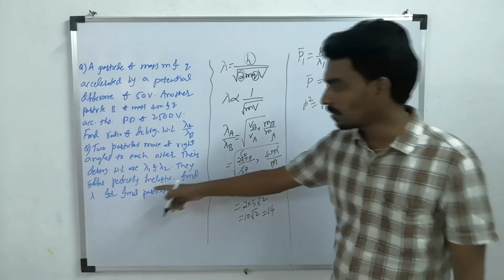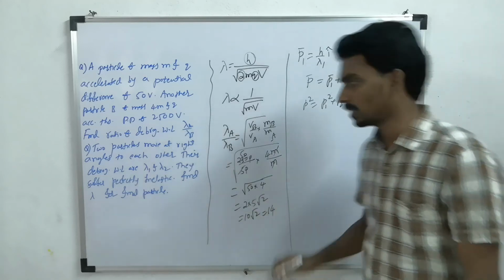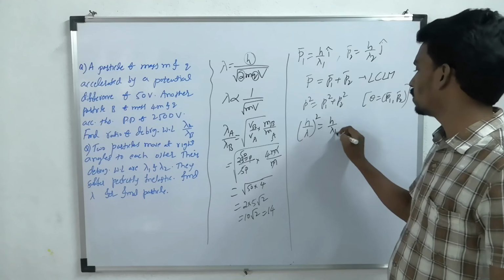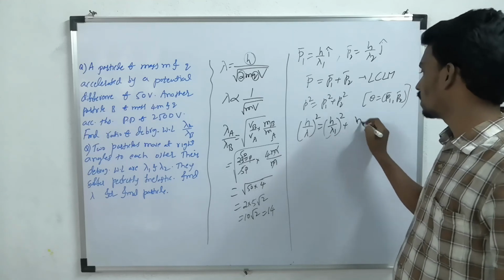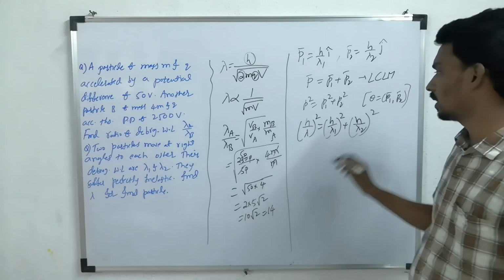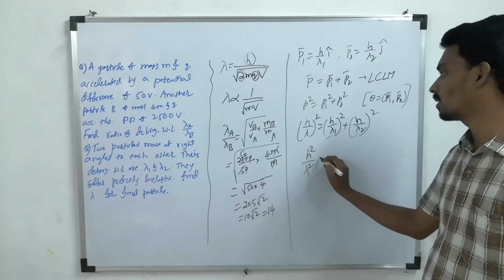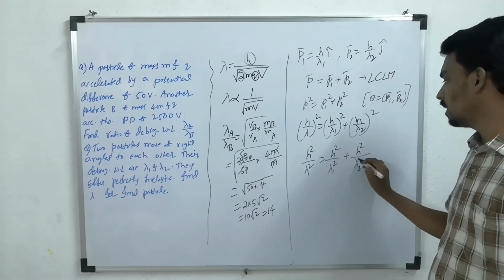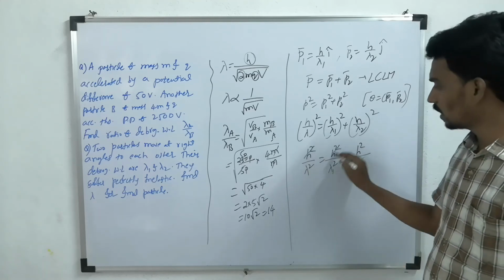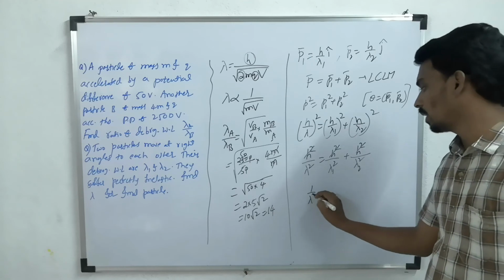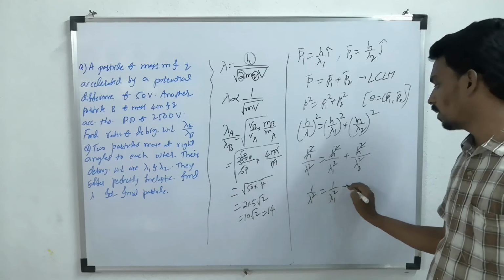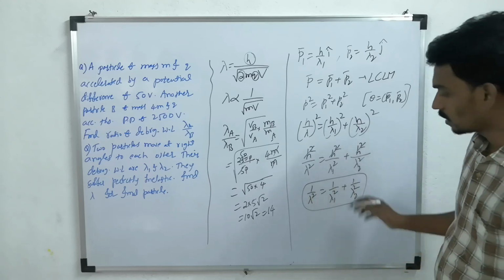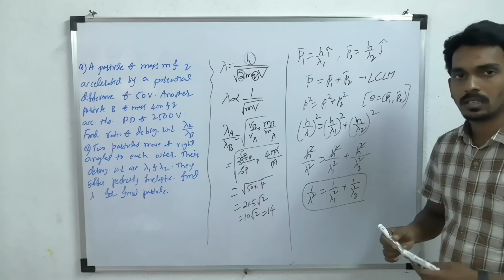Let the resultant wavelength of the combined particle be lambda, so (h by lambda) whole square equals (h by lambda 1) whole square plus (h by lambda 2) whole square. So h square by lambda square equals h square by lambda 1 square plus h square by lambda 2 square. h square cancels, so 1 by lambda square equals 1 by lambda 1 square plus 1 by lambda 2 square. This is how you can find the wavelength.